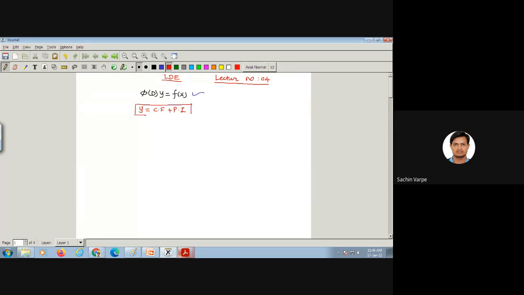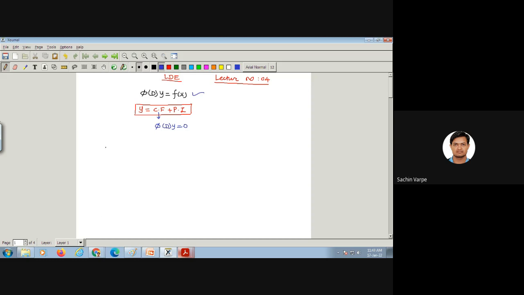We have discussed in detail about the complementary function, which is a solution of homogeneous differential equation phi of D into y is equal to 0. Isn't it? And depending upon the nature of its auxiliary equation, that is phi of D equal to 0, we get a complementary function. We have started with the particular integral, right?